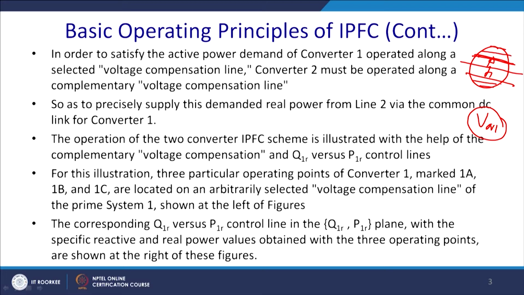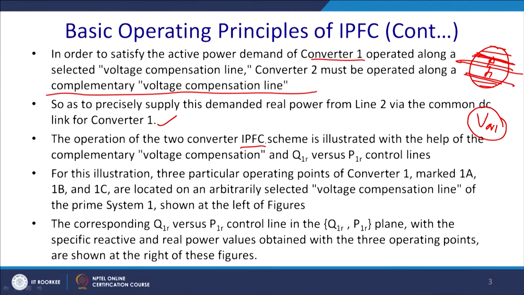Ultimately you can operate anywhere, but as you increase, your compensation decreases. In order to satisfy the active power demand of converter 1 operated along the selected voltage compensation line, any line here or here, even here where there is no compensation of the real power, converter 2 must be operated along a complementary voltage compensation line, so as to precisely supply this demand real power from line 2 via the common DC link converter 1.